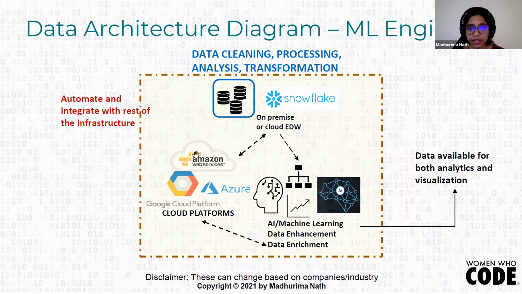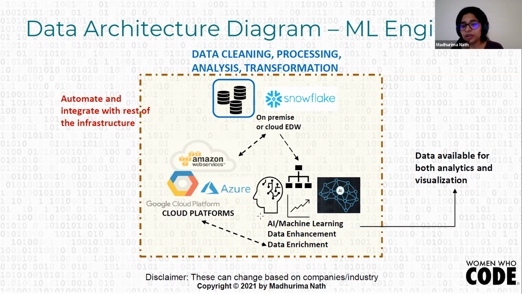And for a machine learning engineer, as you can see, they focus mostly on the middle portion of this data architecture diagram, but the task is to automate this entire process and integrate it with the larger scope of things, so that a data scientist doesn't need to sit there every hour or every day to run this process, but they can just keep track of what needs to be changed, how it needs to be improved, and so on and so forth.